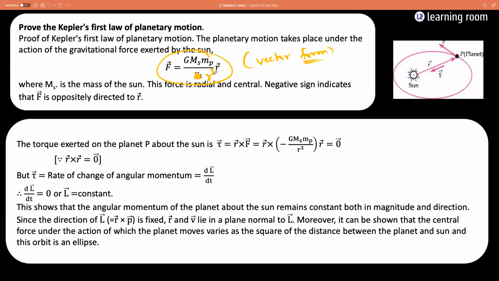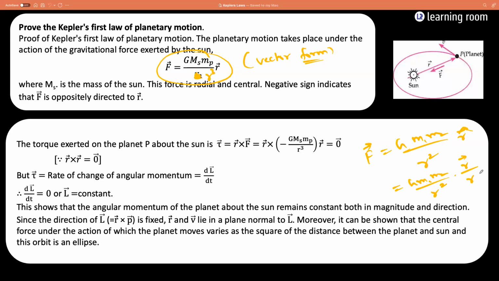I've already shown the sequence. Last class I explained, that was the first class. Check your first ones. The force vector is equal to G m1 m2 divided by r square into r cap. So this will be equal to G m1 m divided by r square into r cap, where r cap is r vector divided by r.